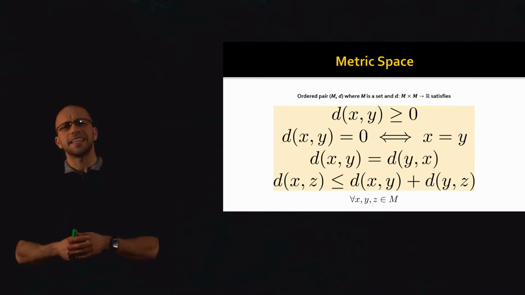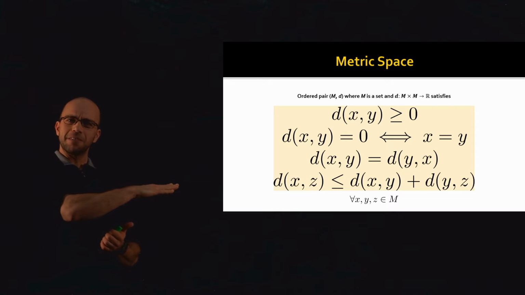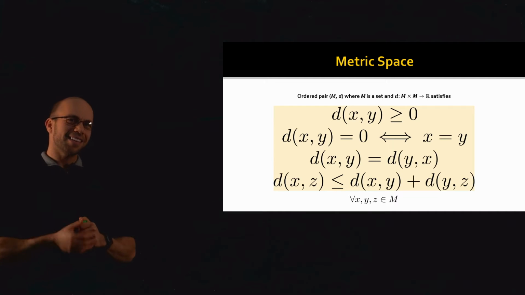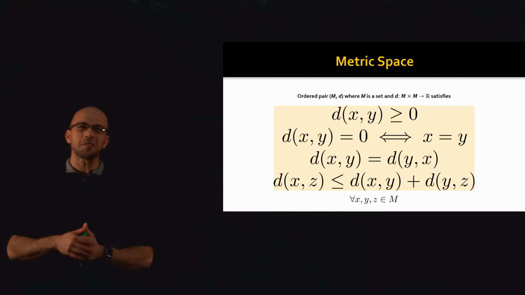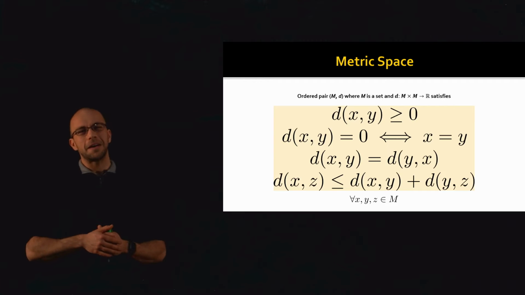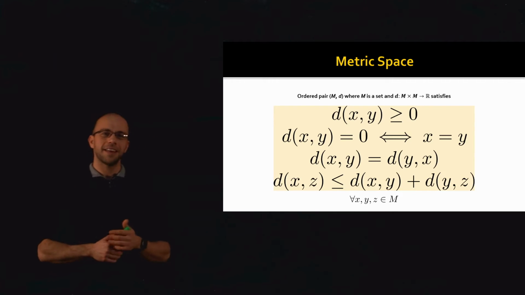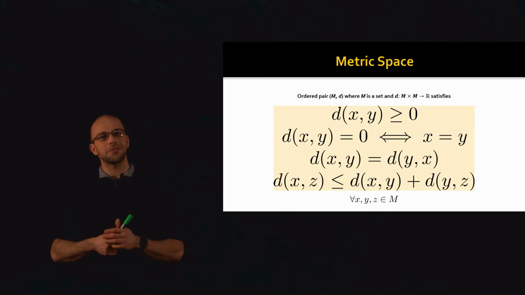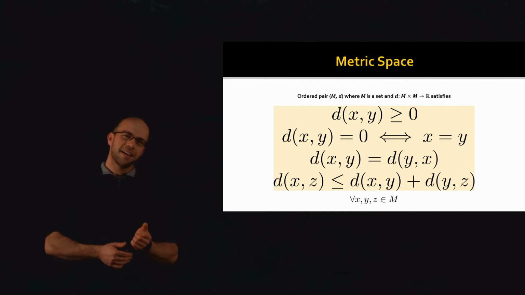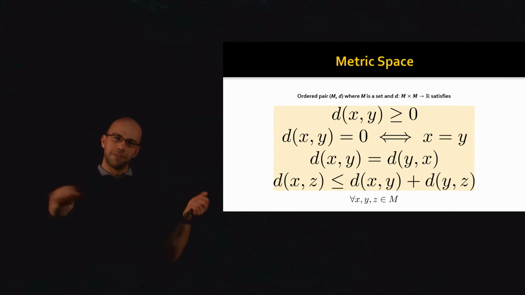And then finally, we have the most famous property of all. And this is the one that I would argue is basically the only thing we use to prove a lot of theorems. And this property is called the triangle inequality. Now, the triangle inequality is something you've probably all seen before, but it's just an axiom about a distance function or a metric space that says that the fastest way to get from x to z is always to go directly.